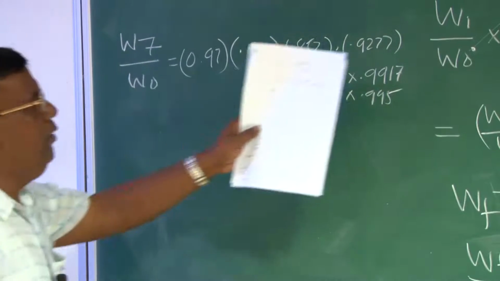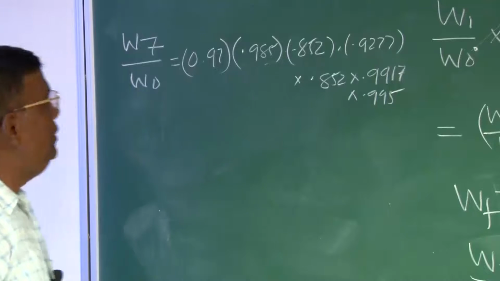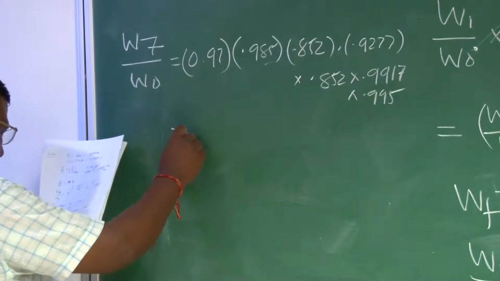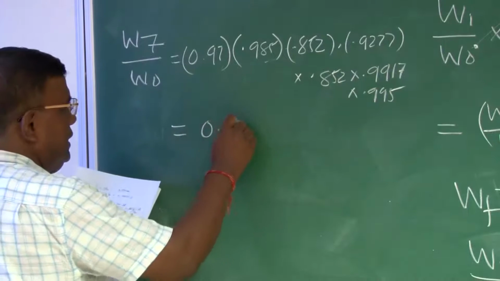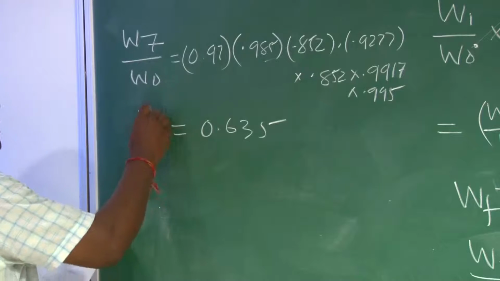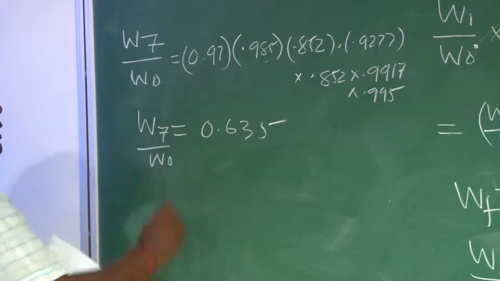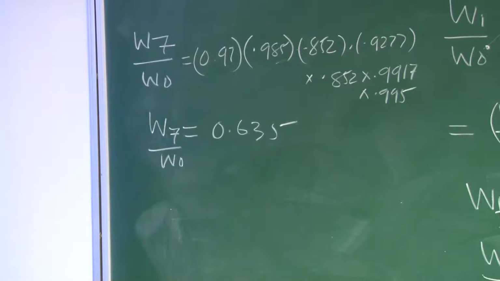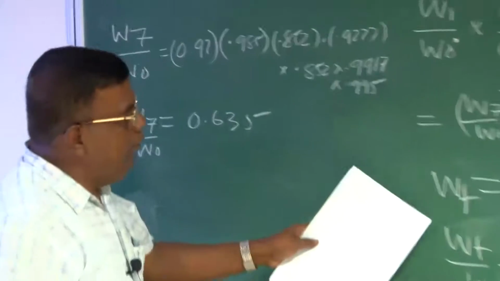These are all values of these fractions which you have already evaluated. And if I do this, I get a value 0.635. So W7 by W0 is 0.635. I want to find out WF by W0.